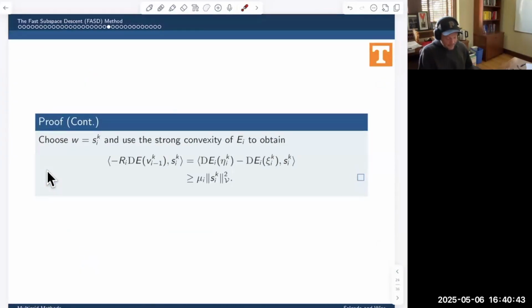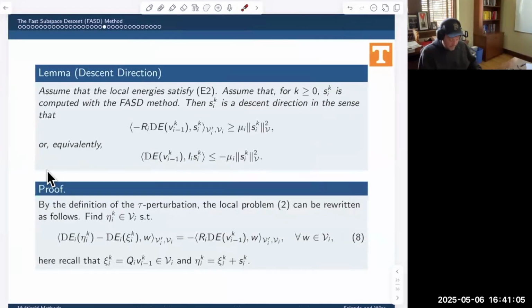We have the strong convexity of EI, which says that this computation is greater than this. That comes directly from strong convexity of the EI terms. But now on the left, the thing which was on the right-hand side is now on the left-hand side. I've just flip-flopped these two terms.